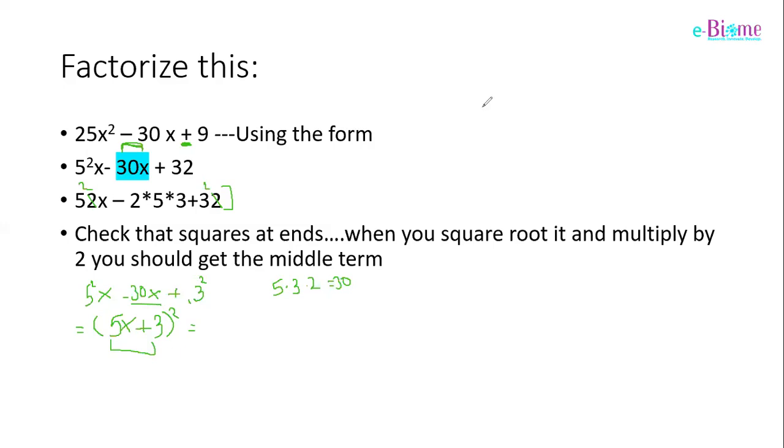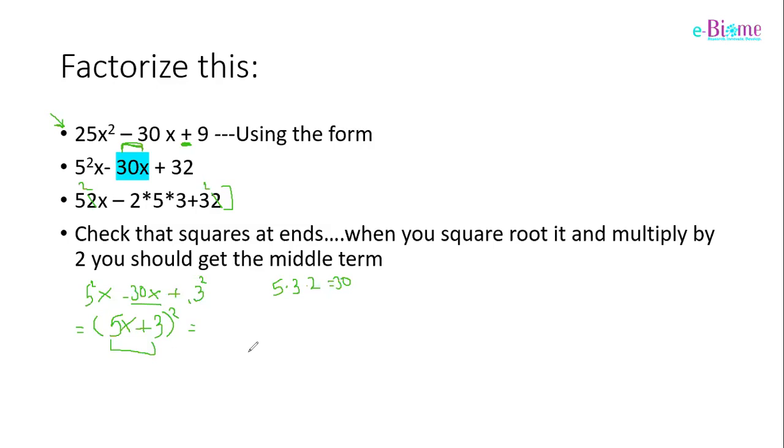But yeah, I'm going to go through one more time with this example, how we conceptualize it and go through the process. We're given a quadratic equation, 25x squared minus 30x plus 9. I would say, okay, how do I find out if this is a perfect square?